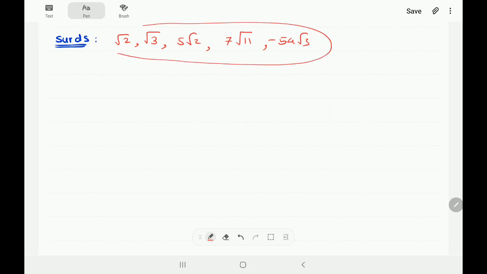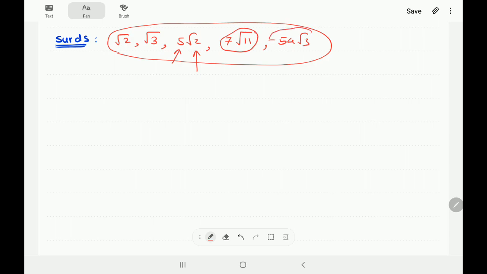All these are considered to be surds, where there is some rational part, like in this number you can see, and there is some irrational part in the number, and they are products of each other. So we call this expression a surd.